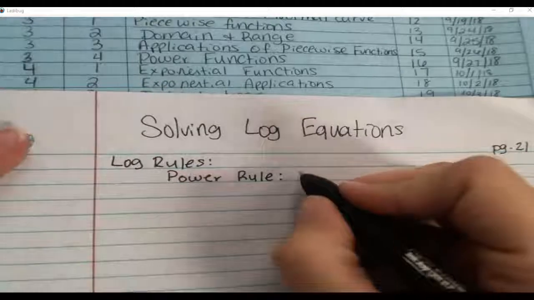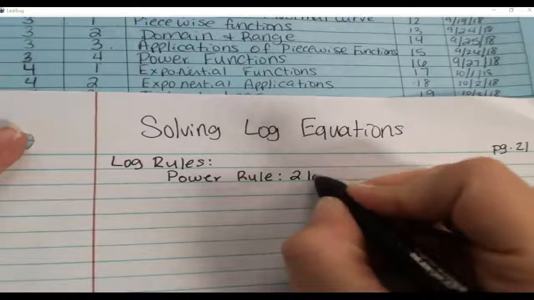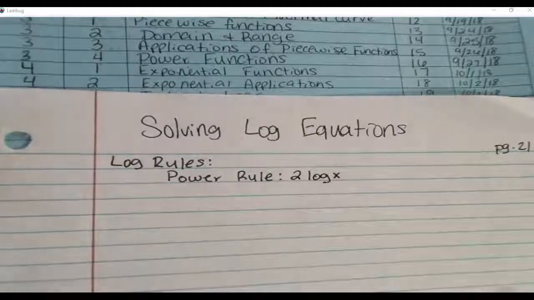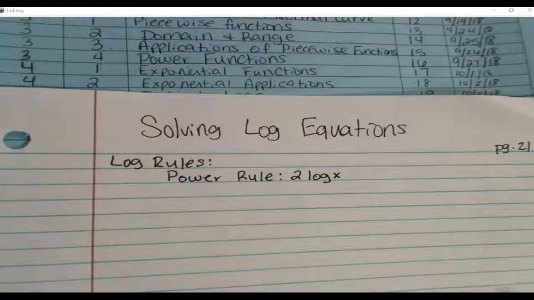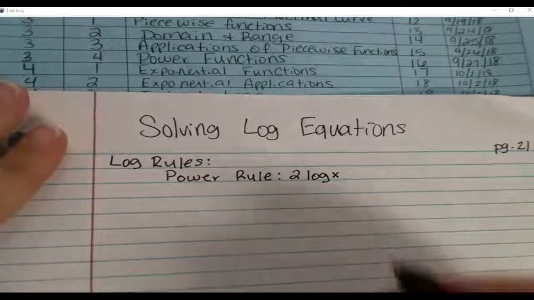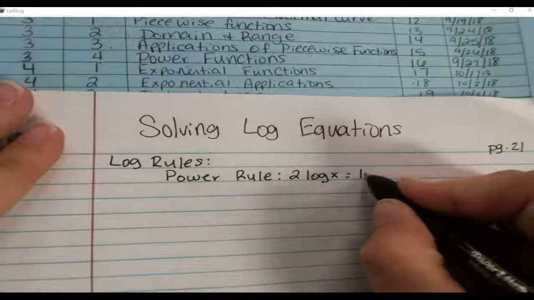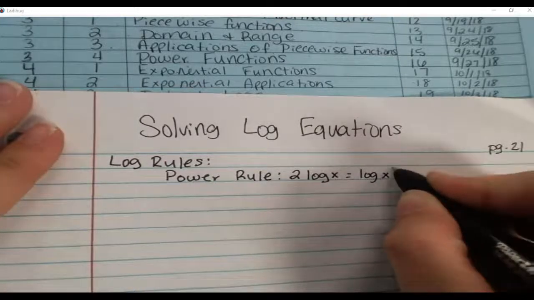And so the power rule looks like if you have 2 log x, what you can do is take that 2 and make it an exponent of whatever you're taking the log of. So it becomes log of x squared.